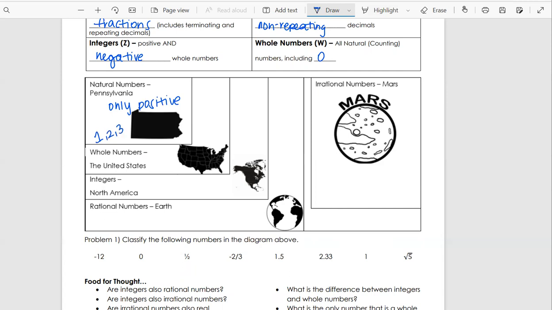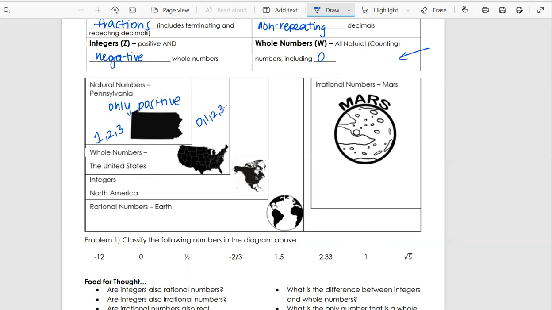That's just one state. Then we can take it a step further and say we've got whole numbers. Remember, whole numbers now include 0. So whole numbers are 0, 1, 2, 3, and so on. So we're getting a little bit more encompassing. Instead of just looking at Pennsylvania, now we're looking at the whole United States.